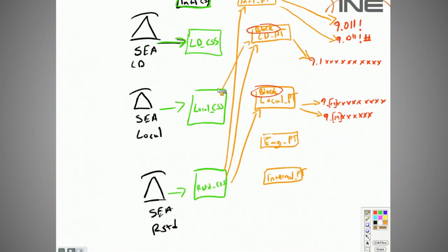If they only should have local rights, then we only need to block long distance and international. If they should have long distance, then we only need to block international. If they have international, we don't need to block anything.